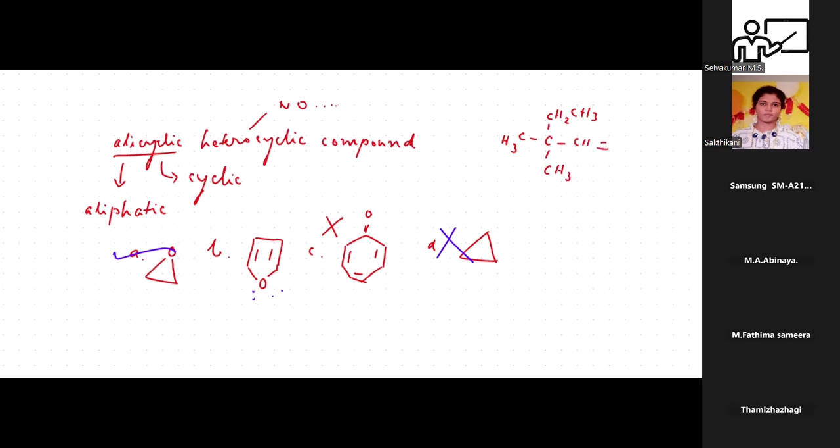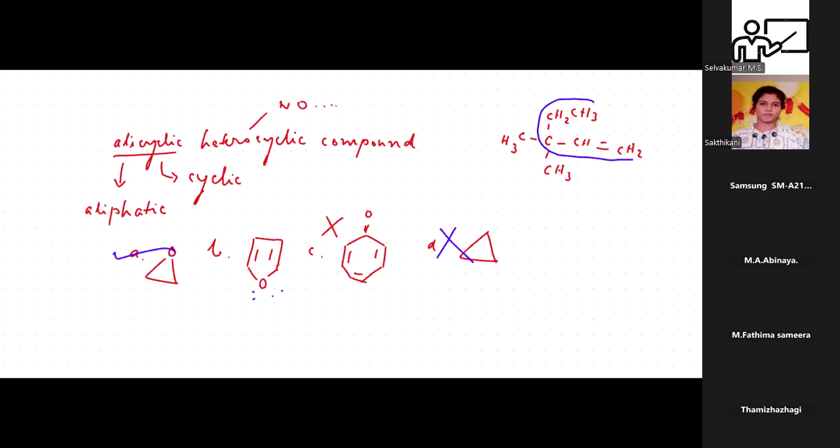You have to find the IUPAC name. How to find the IUPAC name? First, you find the longest chain. 1, 2, 3, 4. 1, 2, 3, 4, 5. Therefore, the longest chain is this. This chain is the longest chain.